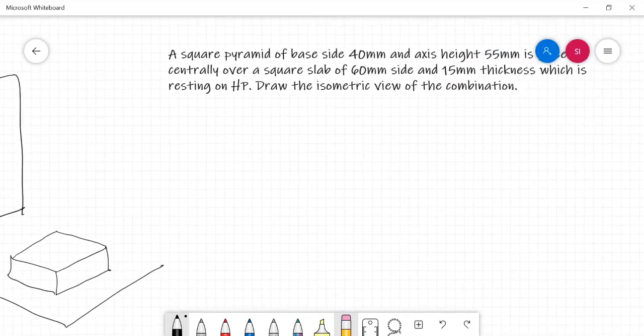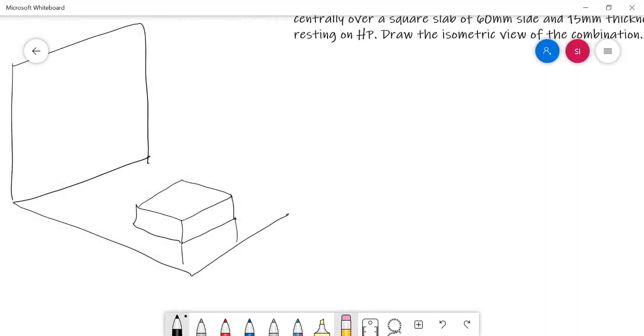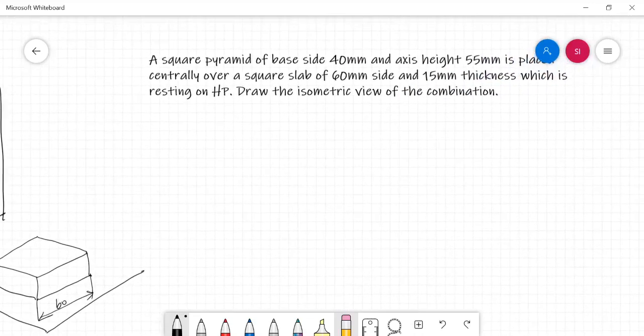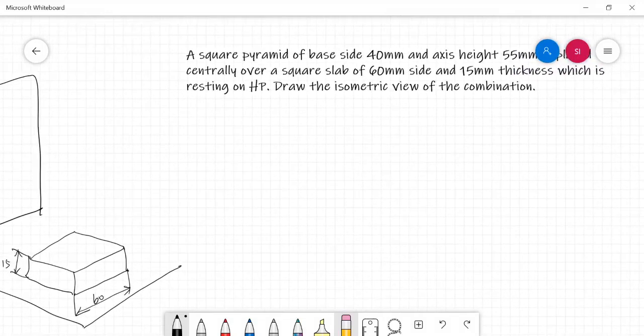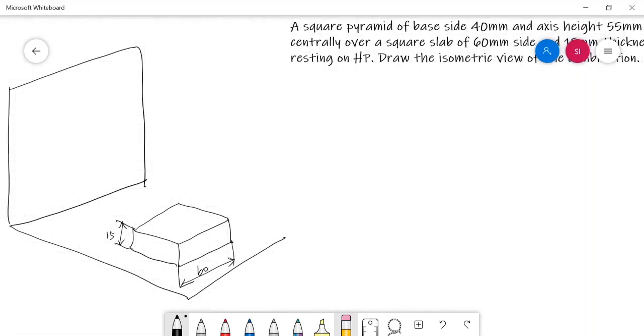Bottom solid square slab of 60 mm side and a thickness of 15 mm, and the top solid is also a square based solid, a square pyramid with a 40 mm side and 55 mm axis height. It's placed centrally over the bottom solid. The base side of the top solid is 40 mm and the axis height is 55 mm.